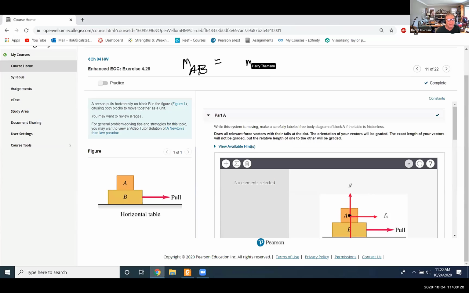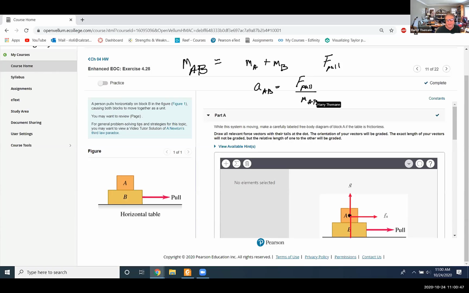So that's MA plus MB, and then you have some force of the pull. So you're going to get some overall acceleration. A equals F over M, the pull over MAB.